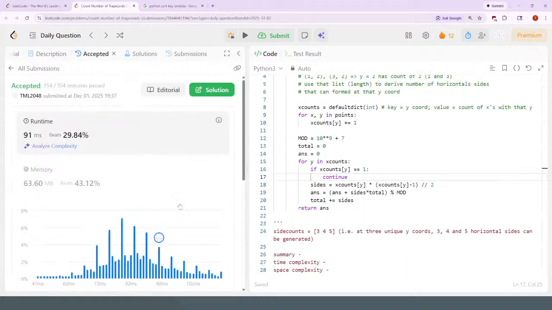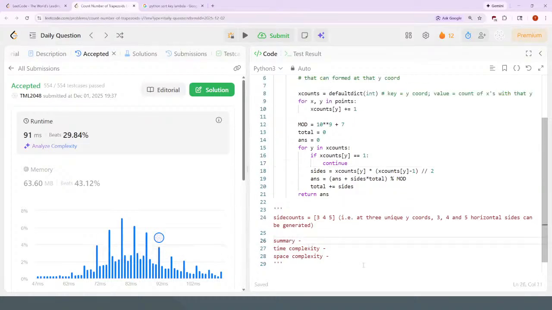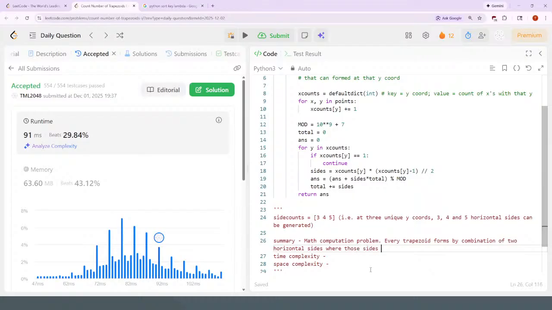Alright, summary. So this is going to be a math computation problem. Every trapezoid is formed by a combination of two horizontal sides, where those sides will have unique y coordinates.